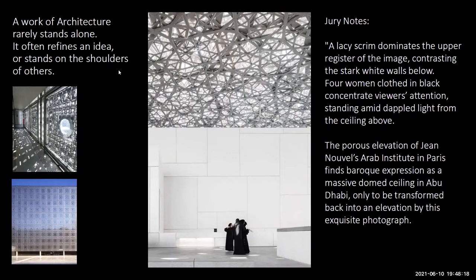And inside the building, it casts all these lovely ornate, very tailored patterns across the interior. So the judge obviously has an understanding of contemporary architecture, can see where it sits, and he can see a reference or a development of the idea of Jean Nouvel's Arab Institute with what's happened in the Louvre.